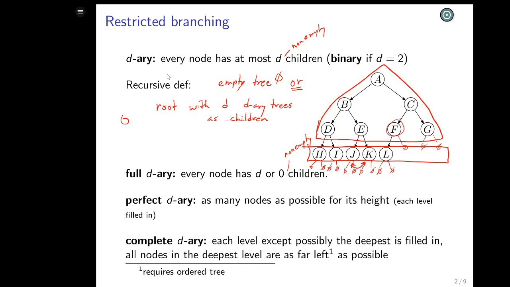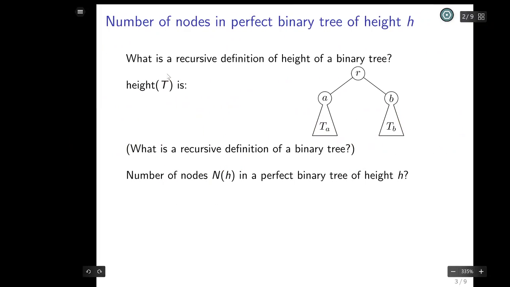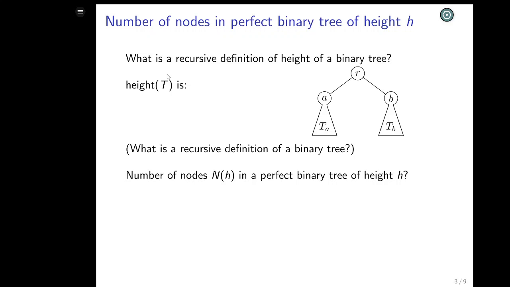Okay, good. All right. The number of nodes in a perfect binary tree of height h. What is the height of a tree? We just count the number of edges from the root to the deepest leaf in the tree, and that's the height of the tree.